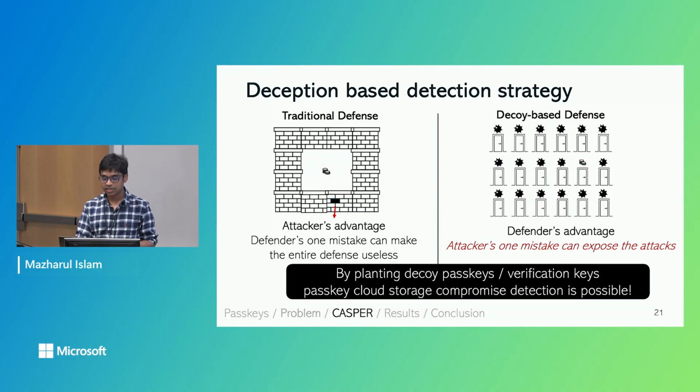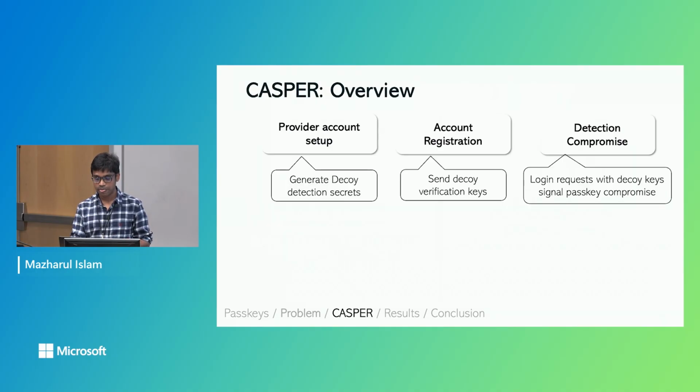So the idea here is that our framework CASPER carefully plans decoy passkeys or decoy verification keys, and it can detect whenever an attacker is using a leaked passkey from the passkey cloud storage to compromise the user's account.